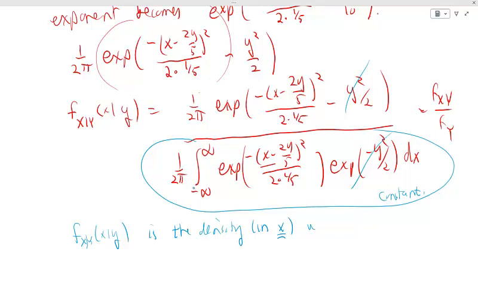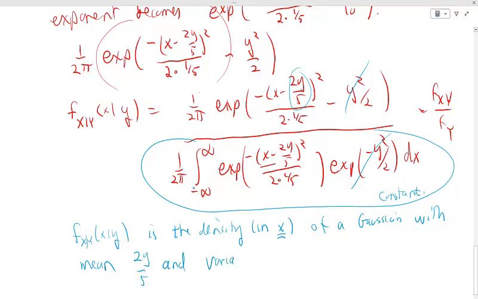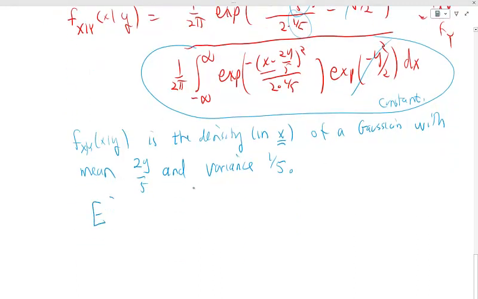So it is the density of a Gaussian with mean, well, the mean here is 2y over 5, and variance, well, you can read the variance off down here, it's 1/5. So that means that the expected value of x given y equals y is equal to 2y over 5.